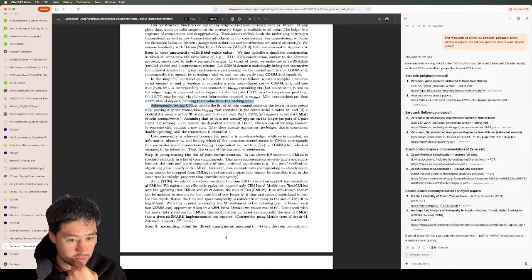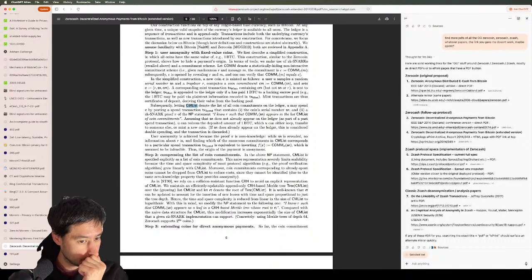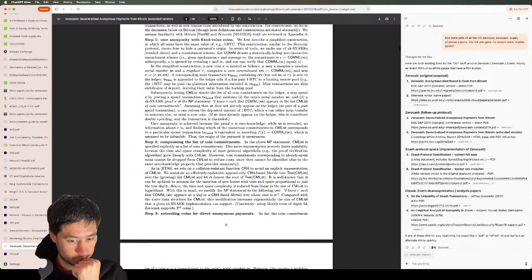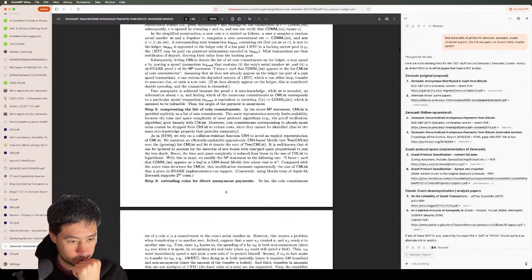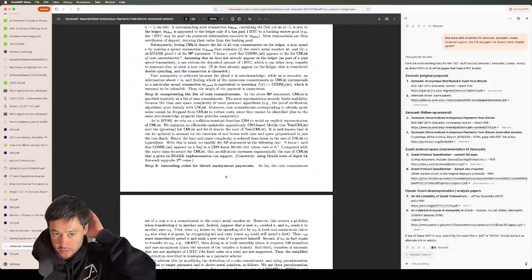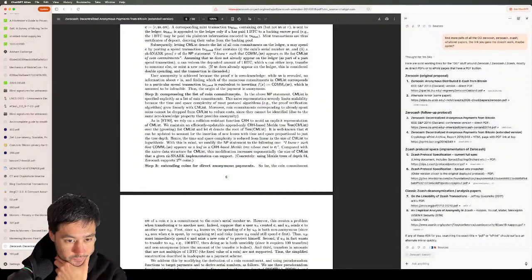What is the CM list? Right, the Merkle tree. All right. So we use a Merkle tree.